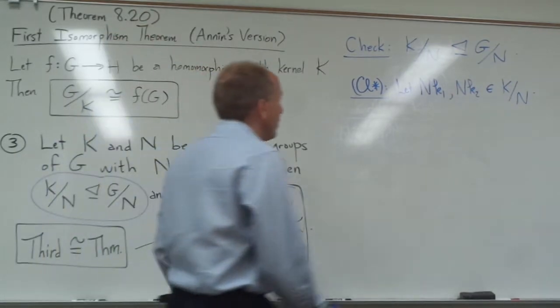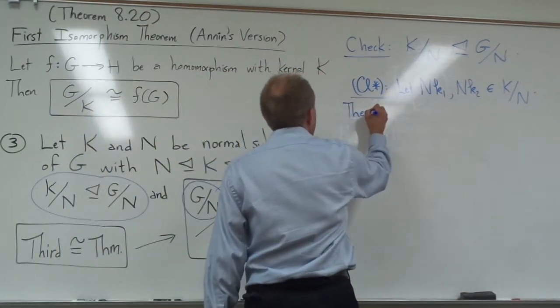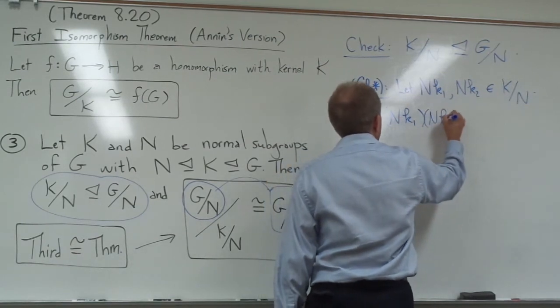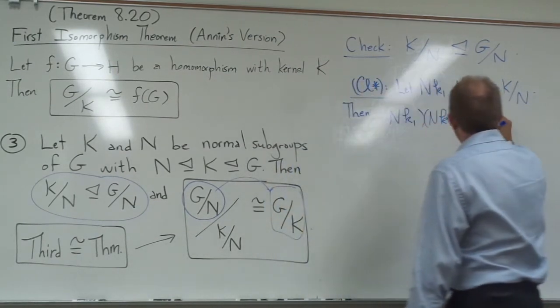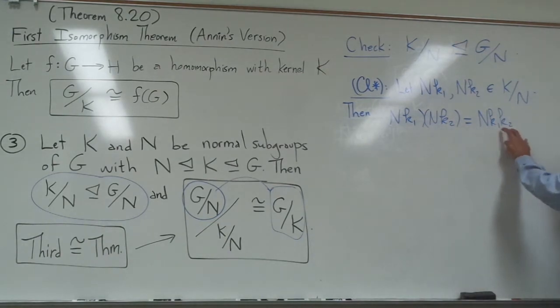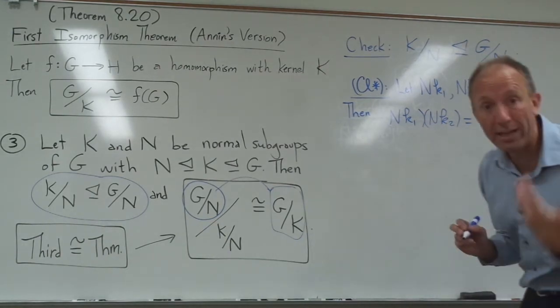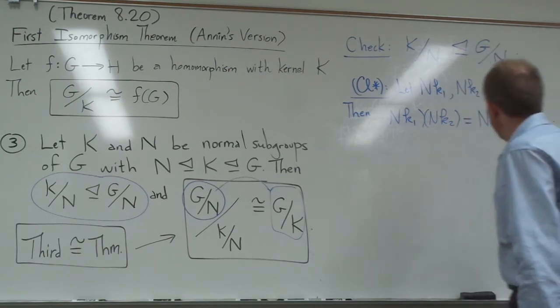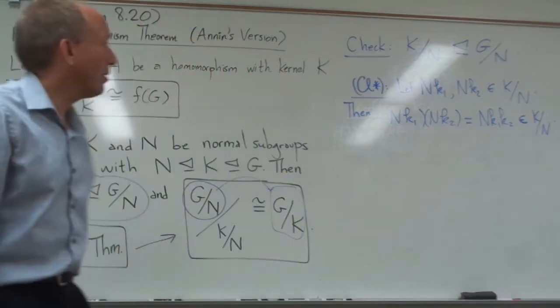And this is very straightforward, because if you just multiply these cosets together in the usual manner, you realize that since K1 K2 is a product inside of K, which is already a subgroup, this is already closed under multiplication.